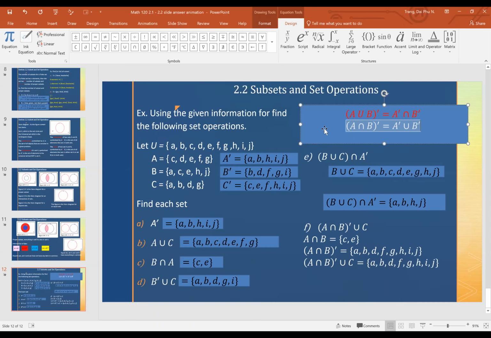So in order to be the same, you have to distribute the complement to both of them and then change the sign. That's what they call De Morgan's law. In order to be the same, you have to take the complement of each of them and change the operation. Okay.